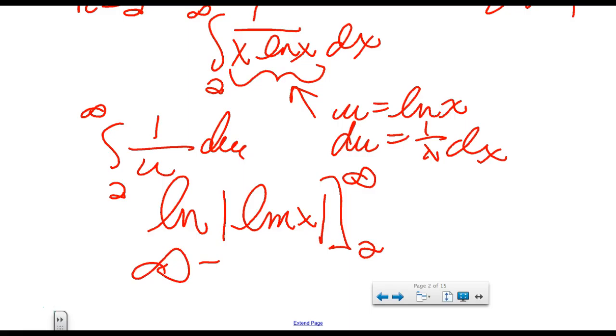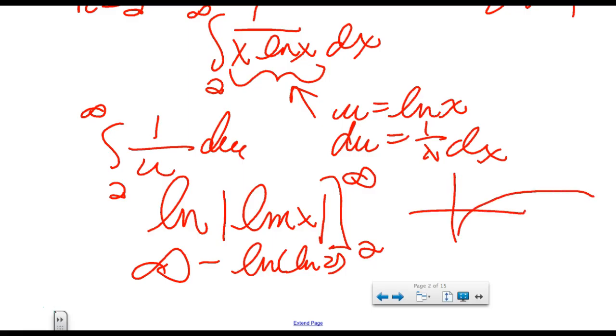It's a constant. It doesn't matter, it's some number that's actually super small. So what's the answer to this? It diverges. So you would say, therefore, your series diverges because the integral diverges.